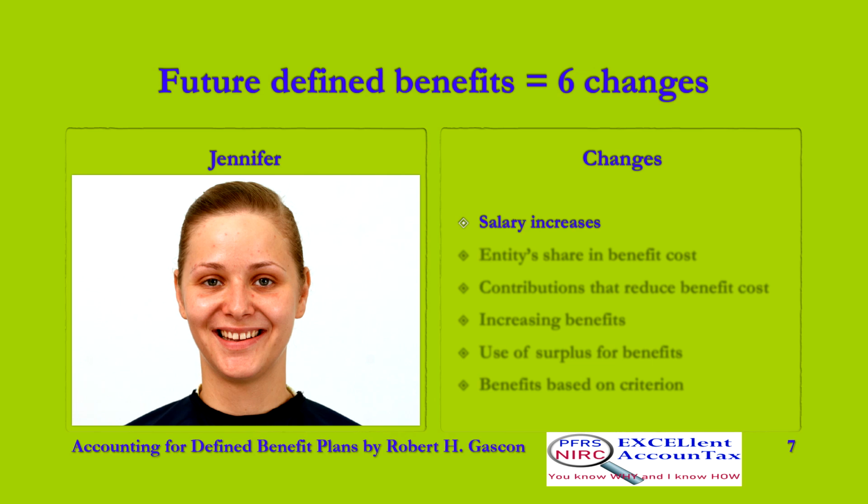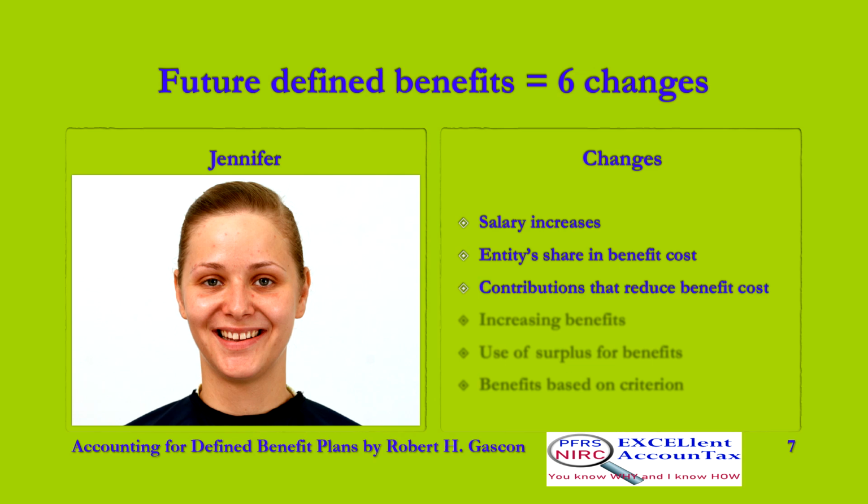Estimated future salary increases, which include effects of communications between the employer and employee representatives, inflation, seniority, promotion, employment supply and demand, and other relevant factors. Limit on the reporting entity's share in the ultimate cost of defined benefits.